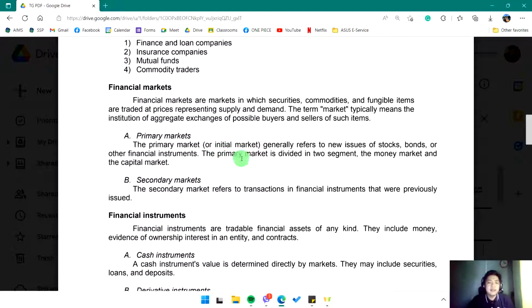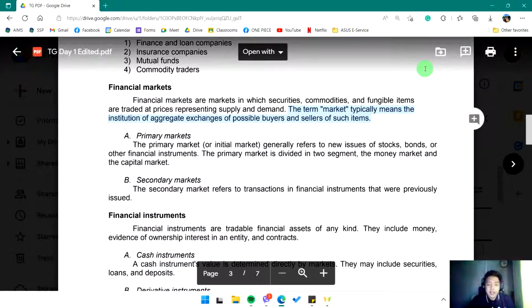Financial markets are markets in which securities, commodities, and fungible items are traded at prices representing supply and demand. What do we mean by these? By the way, the term market here typically means the institution of aggregate exchange of possible buyers and sellers of such items.